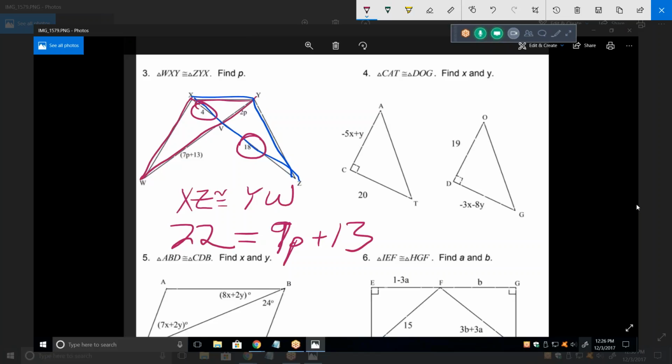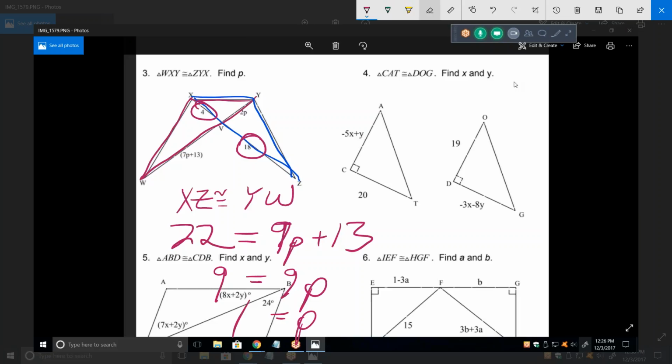22 minus 13. That's 9. 9 equals 9p. p equals 1. There you go. In other words, when you have two congruent triangles like this, you have to find their corresponding sides and make them equal to one another.